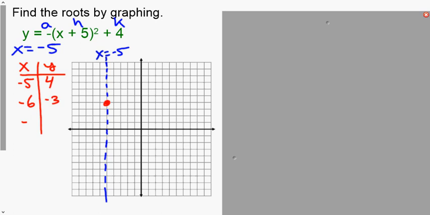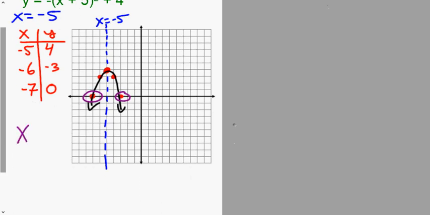You could have gone -4. Doesn't matter. So -6, 3, mirror point. I'm still not to the axis, so I'm going to go again. So I get -7 and I get 0. 2 away from the AOS. Plot the mirror point. Draw the graph. Where are the two intercepts? Those are my two answers. So we'd say that x equals -7 and -3.